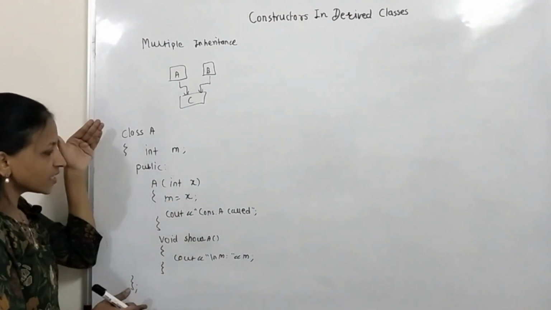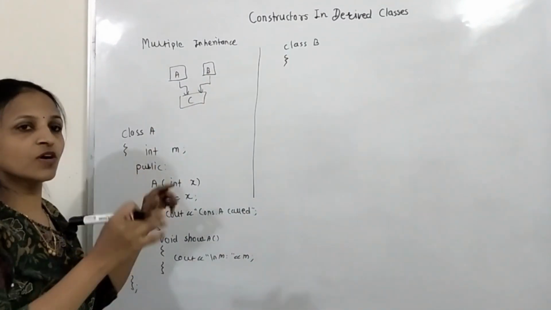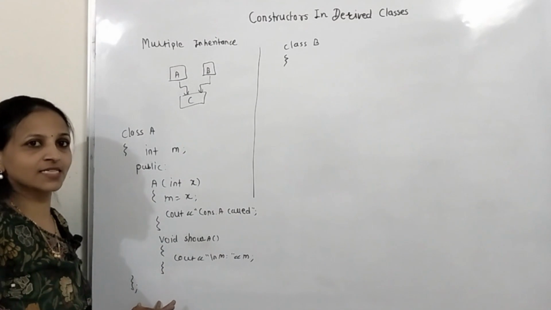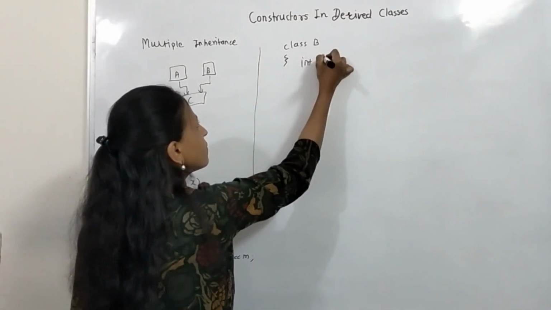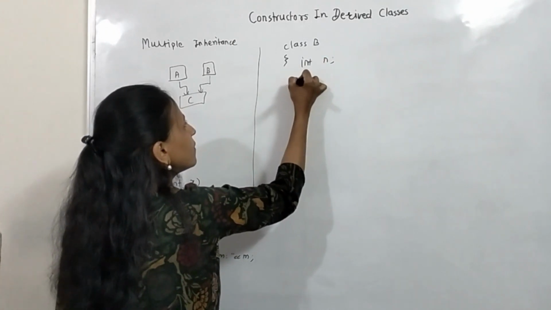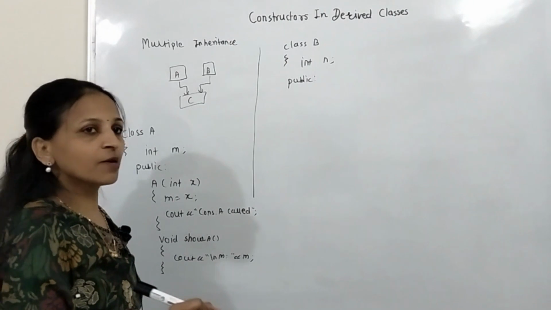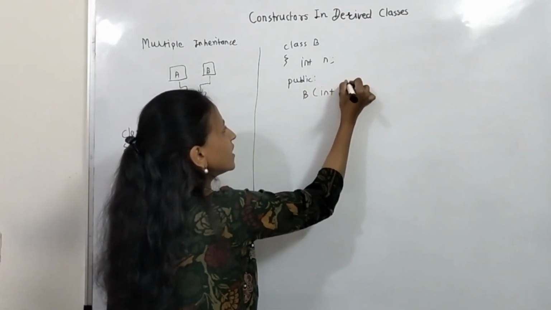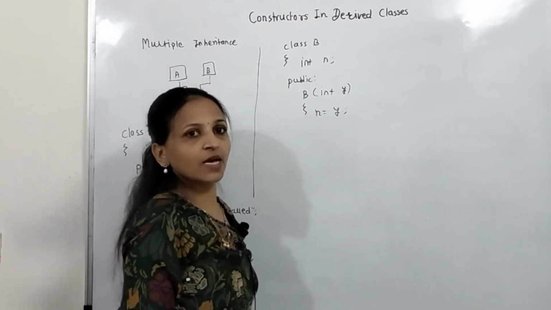Now this class A, I am creating the same copy as class B. These two are just base classes. That's why just like a normal class we have to create these classes. Okay. Now class B, suppose there is only one data member, let n. And inside the public section we have to write again the same thing, a parameterized constructor B. It will take one integer argument, let y, and that y we assign to the n data member.